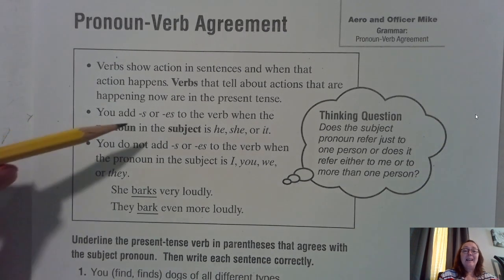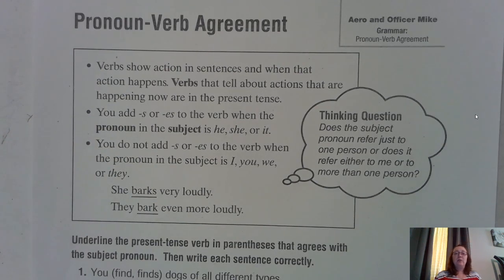Take a look at the second bullet point. You add S or ES to the verb when the pronoun in the subject is he, she, or it. Okay? We are building on to what we've learned before about adding S and ES to verbs with singular and plural subjects.